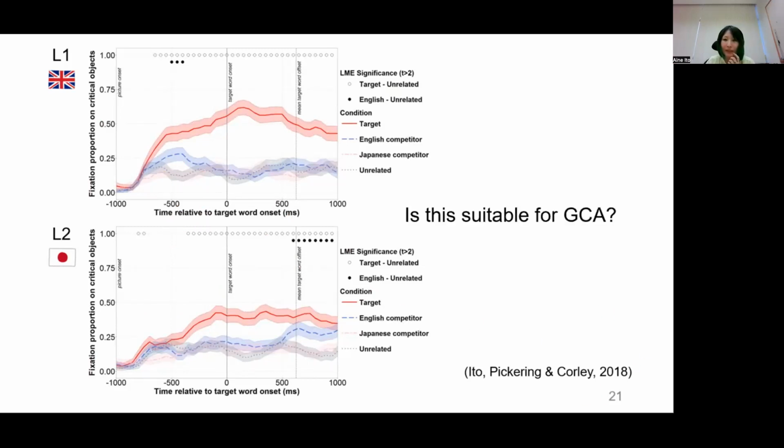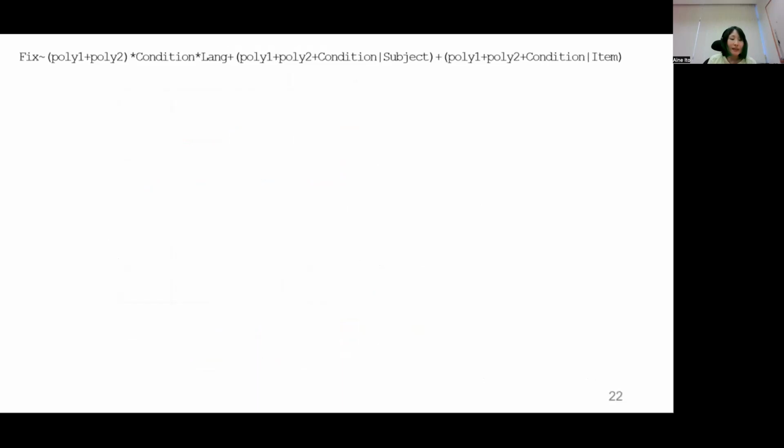Right, so let's look at how we can analyze this data using growth curve analysis. Okay, so the model I fitted to this data looks like this. Fix is the fixation dependent variable, right? And φ1 and φ2 are the linear term and quadratic term respectively.